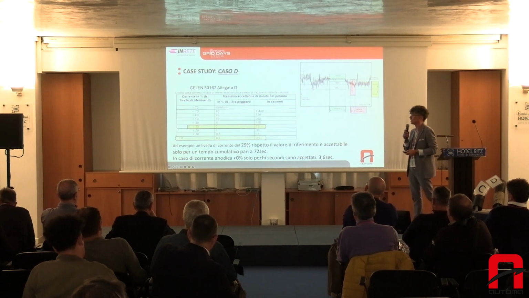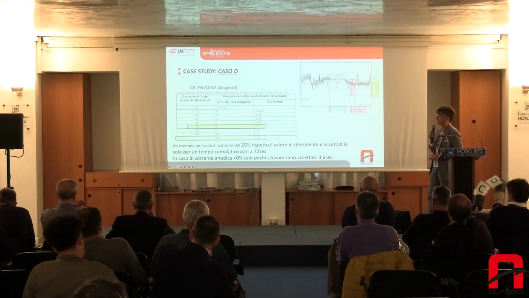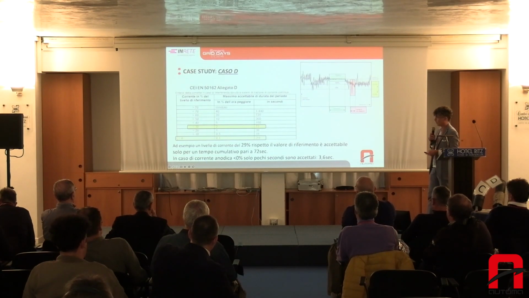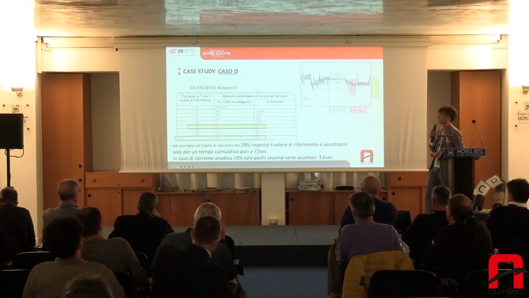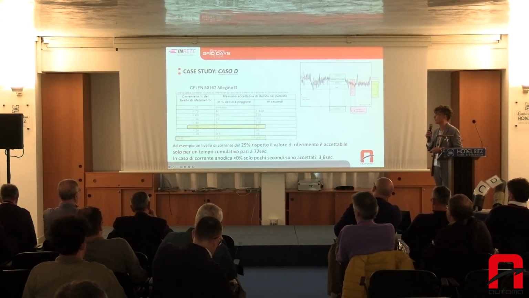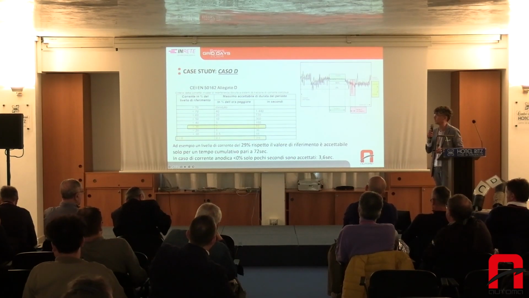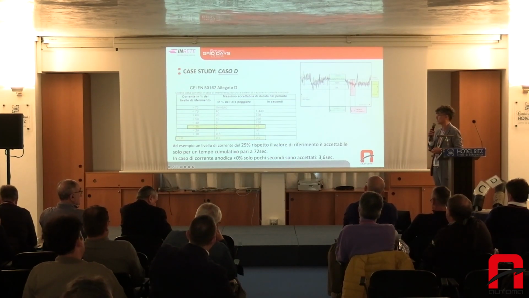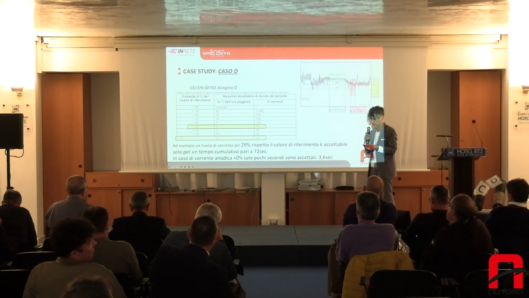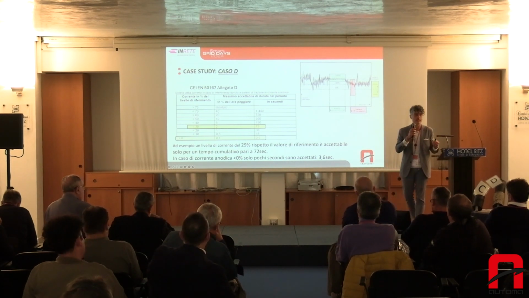On the 73rd second, the situation is unacceptable. The same when you have anodic current, and so you can accept only 3.6 seconds. So if it's less than 0%, so it's only anodic, the acceptable seconds are 3.6.